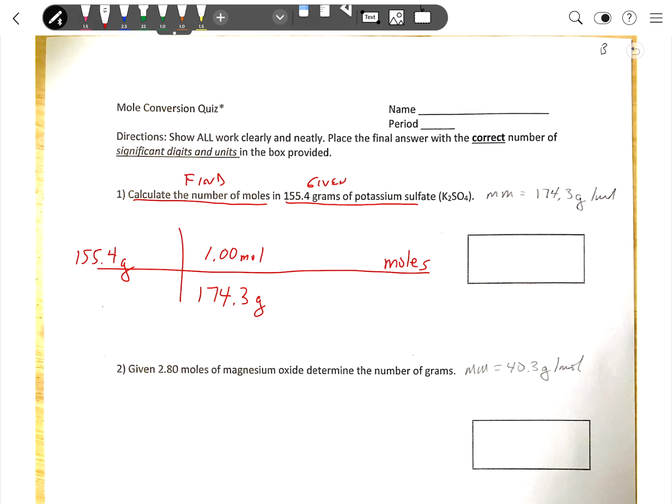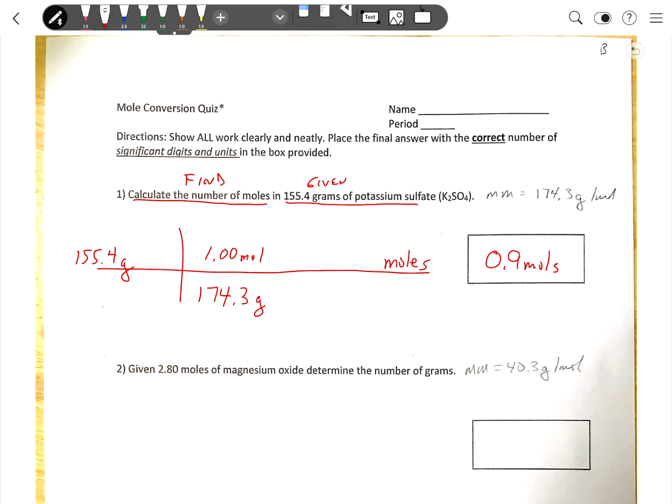And a simple calculation for this, 155.4 divided by 174.3 gives you an answer of 0.89, and we're going to round it to the nearest tenth, so 0.9 moles of potassium sulfate.